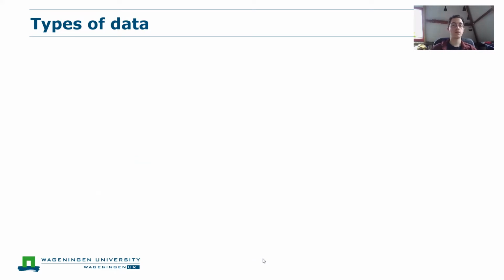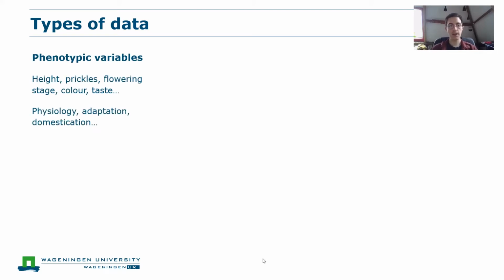Finally, I would like to give you a bit of a reflection on the difference between phenotypic and genotypic data. Phenotypic variables tell us something about the physical aspect of a plant, and they speak about the physiology or the adaptation or domestication of that plant. So in the end, when we look at traits, what we're actually looking at is the trait selection that has been going on in these organisms for a longer time.